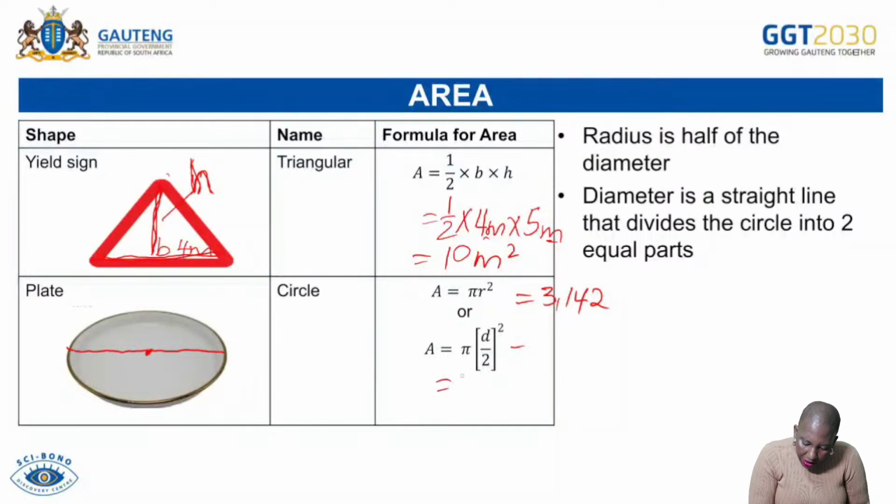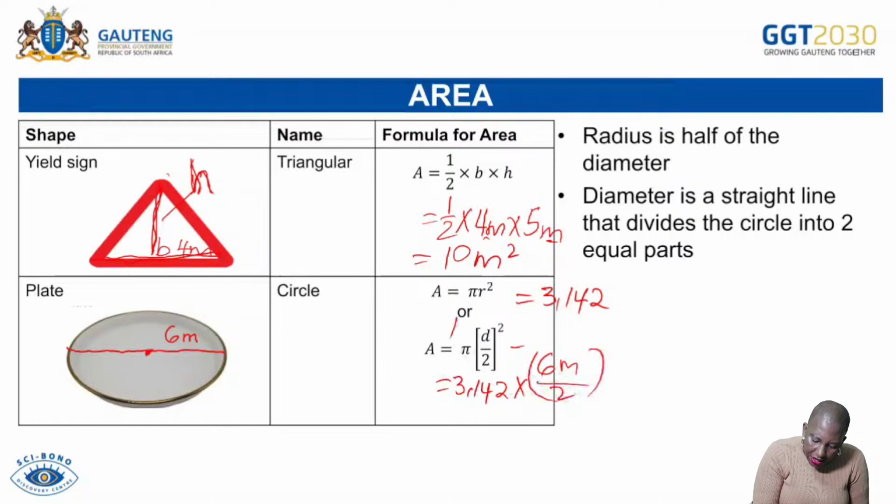Because I'll be having pi as 3.142, and then I am given the diameter to be 6 meters. And then multiply by the diameter, which is 6 meters. And then I just divide it by 2, because now this is the same as the radius.